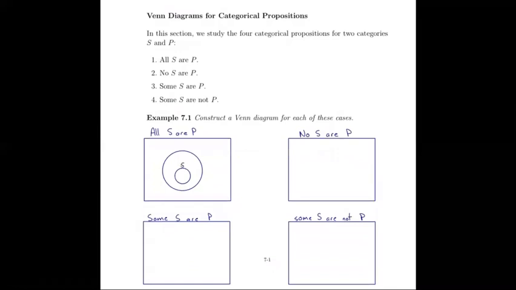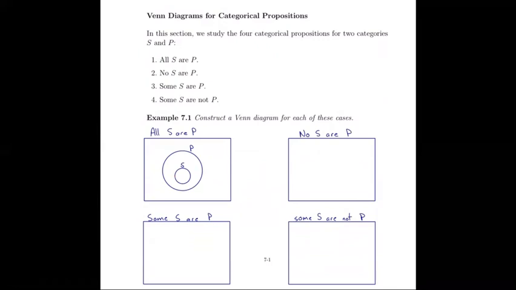Here's our set S, the little one inside, and here's our set P, the outer circle. All S are P means that if it's an S, then it's also a P. If it's an S, then it's also inside the outer set P. Okay, so that's how we'll interpret that. That means that the two sets, one is completely contained in the other.